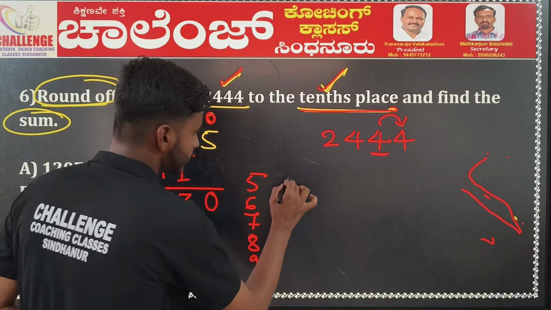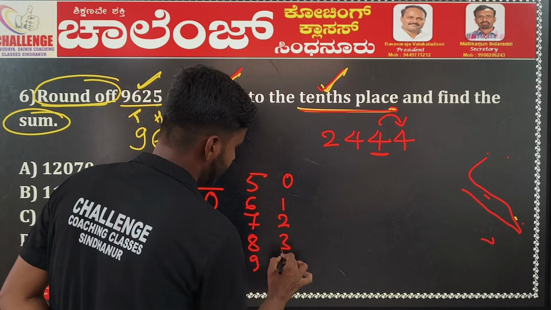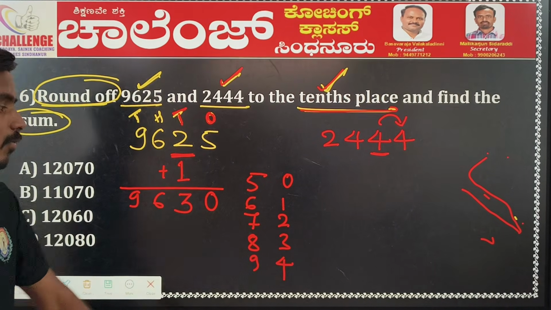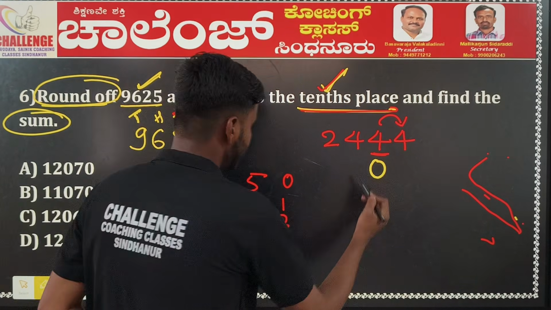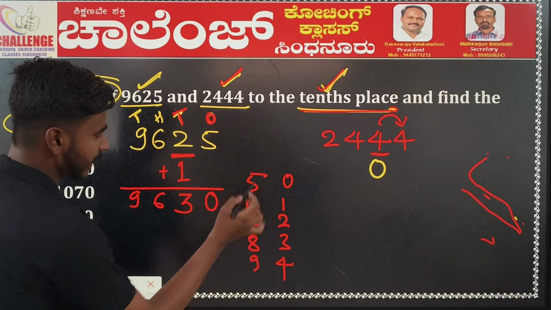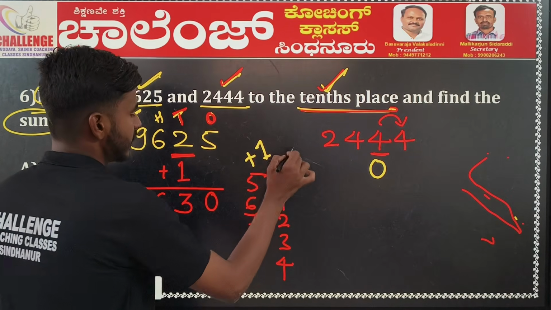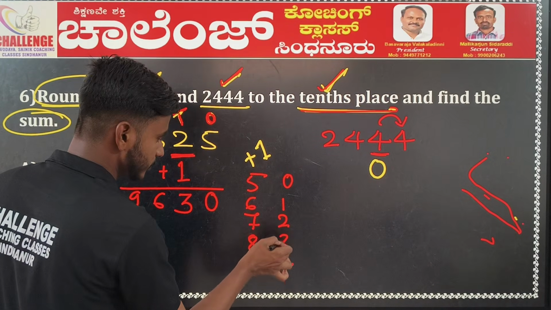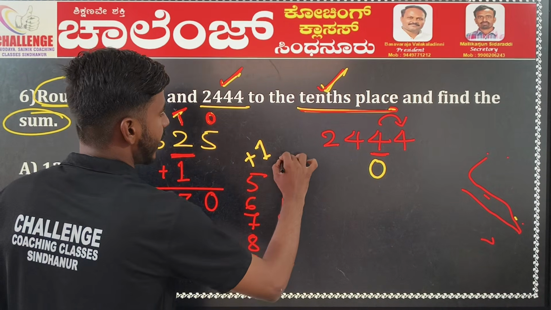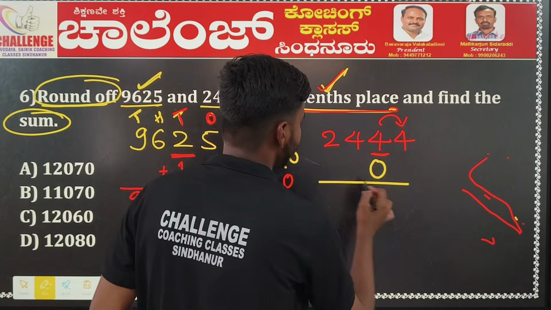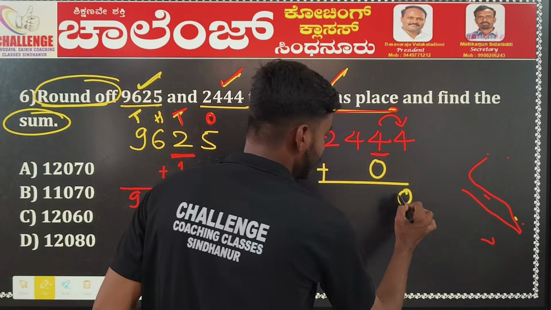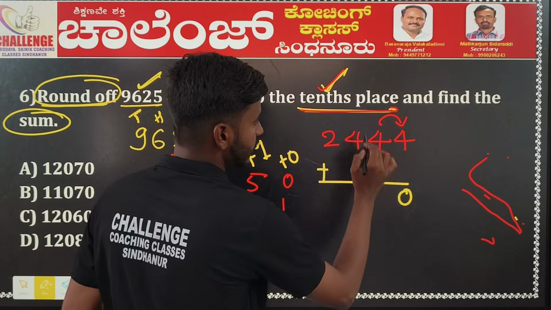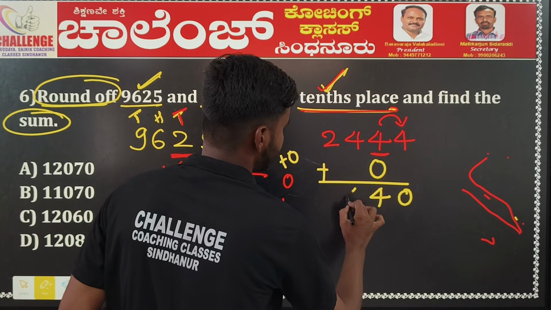If it is 0, 1, 2, 3, 4, we add 0. If it is 5, 6, 7, 8, 9, we add 1. Then we make the last place 0. Adding 0 to the 4, 4 plus 0 is equal to 4.